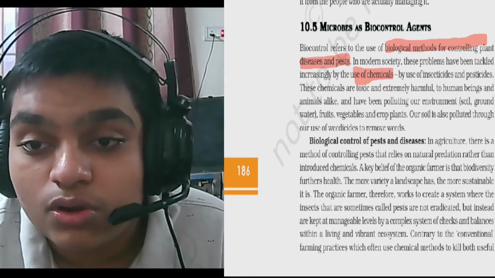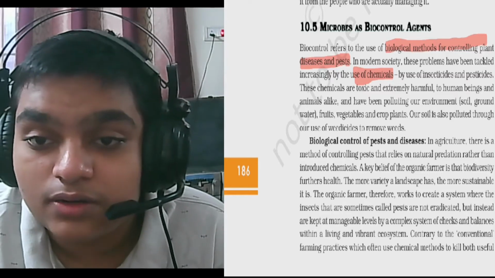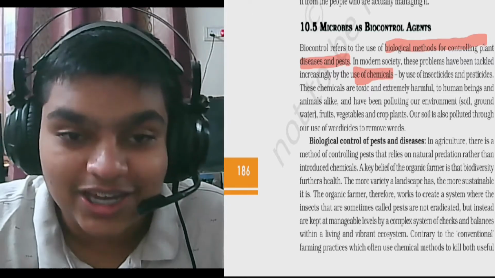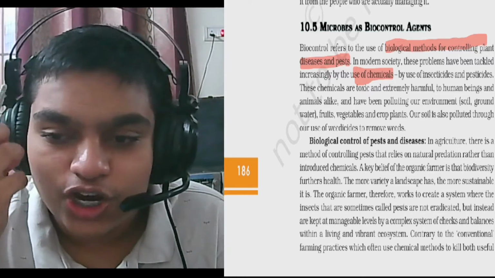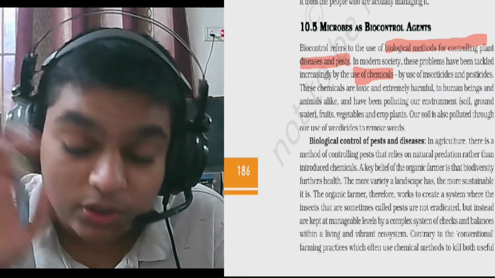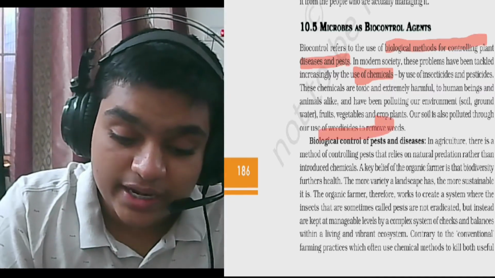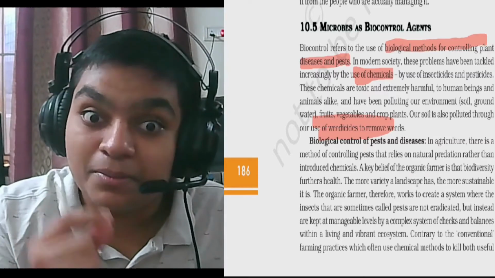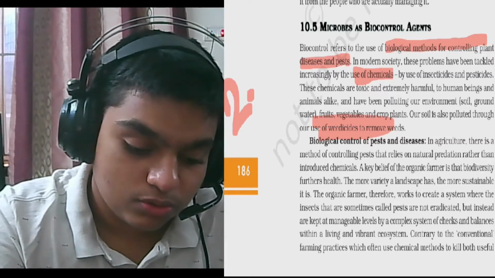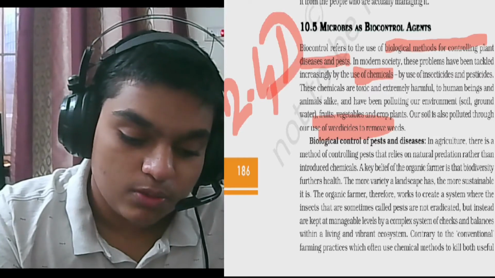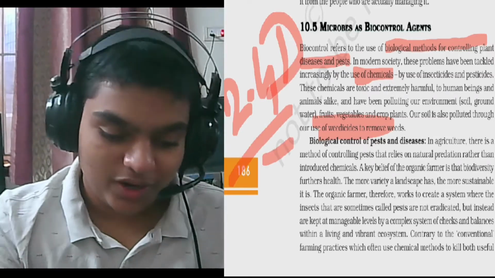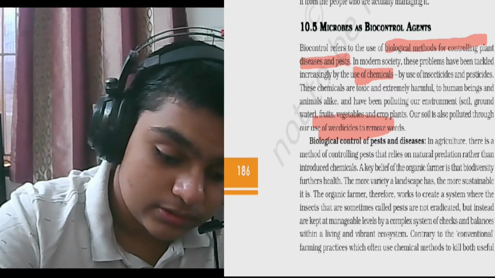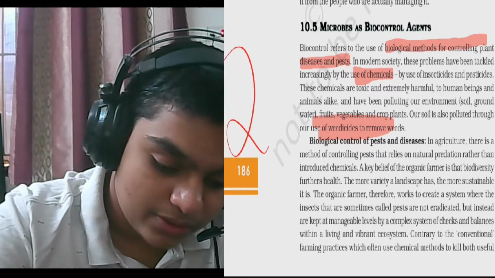Now let's move on further. We use insecticides or pesticides, and weedicides to remove weeds. Let us remember one thing: it is written as 2,4-D. Let's write it with a pen.